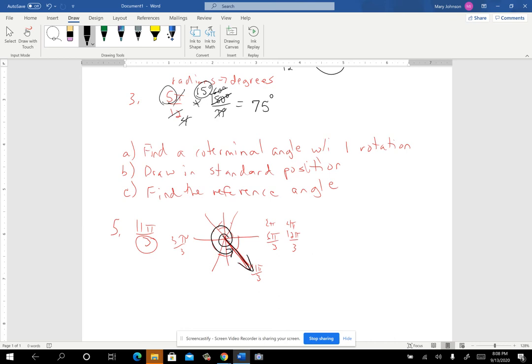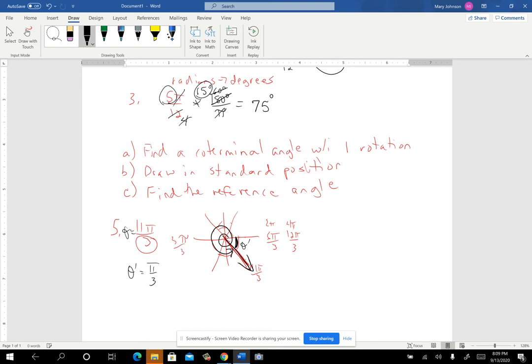Now, the reference angle is this angle right here, okay? So if this is your theta, then this right here would be your theta prime. So theta prime would be the difference between where you are and getting all the way to the x-axis. So see how you're 1 pi over 3 away?